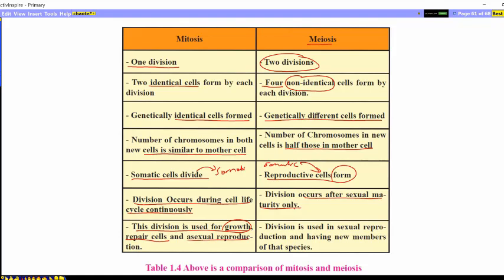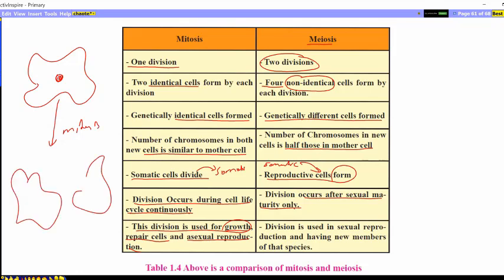And asexual reproduction, like in amoeba, which consists of only 1 cell, passes through mitosis and forms 2 amoebas. It's a kind of reproduction, because an organism similar to the mother cell is formed, but because there is no reproductive cell formation or fertilization, it is asexual reproduction.